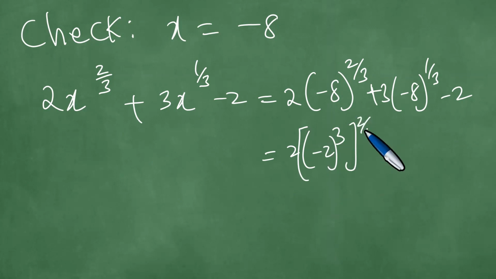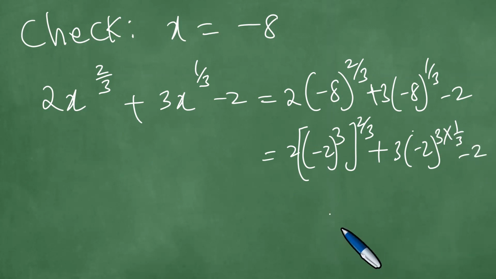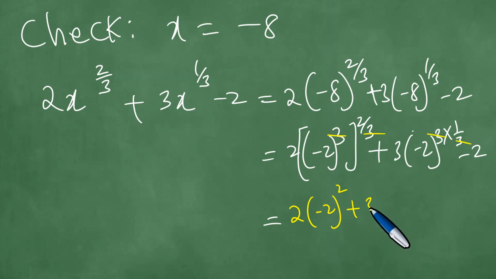So it is (-2 cubed) to the power 2/3 plus 3 into (-2 cubed) to the power 1/3. This one cancels and this one cancels, because the powers cancel out here.